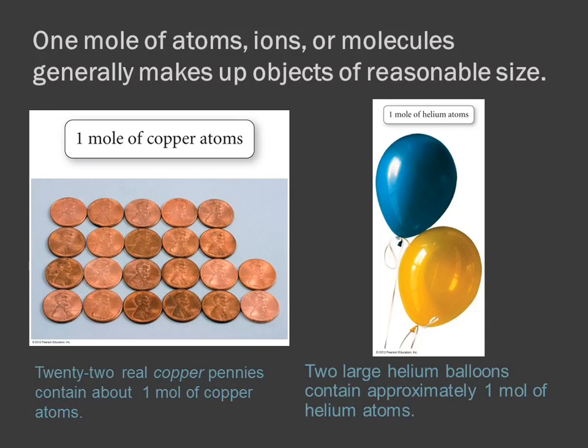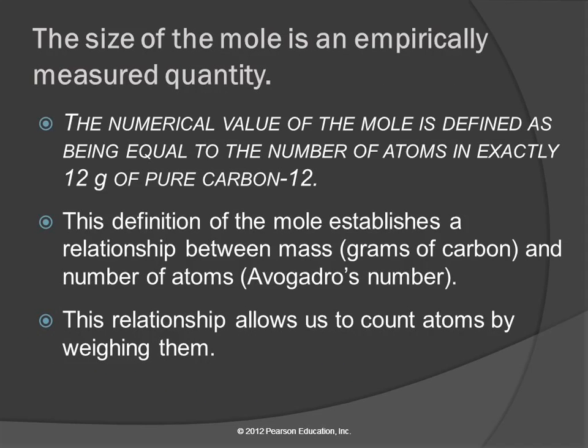A reasonable amount of stuff is a mole. So 2 helium balloons, a mole of helium atoms. So atoms are crazy small, their masses are crazy small, but by talking about a mole of them, we get them up to quantities that we can see and actually deal with. And so the mole is just a really useful unit.